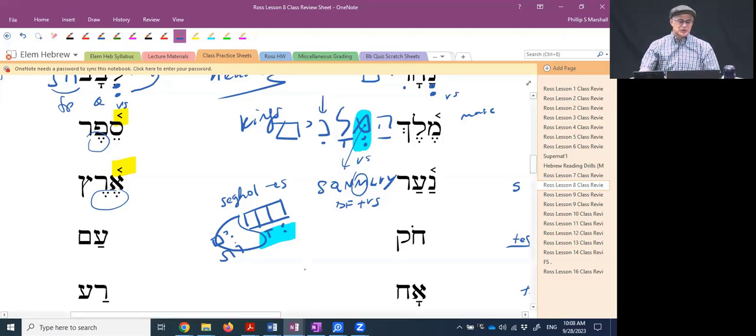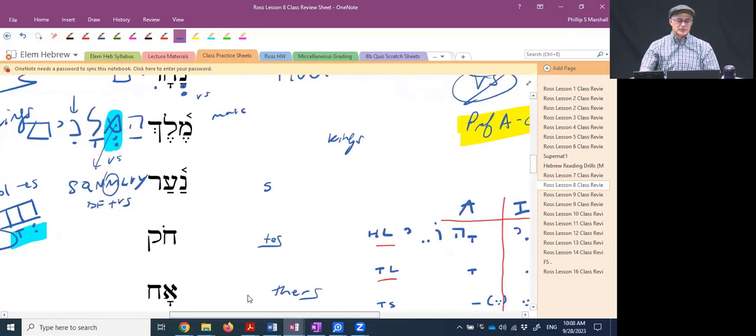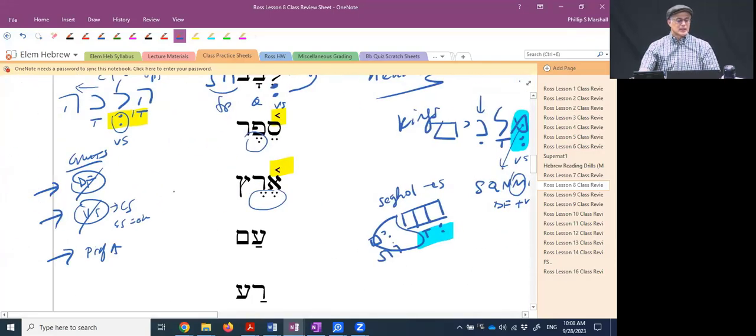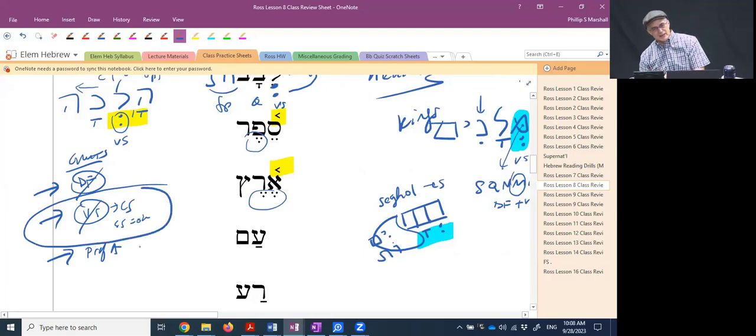But when we told you things like gutturals, where was that guttural list? Gutturals, they don't take vocal Shavahs. So when they need a vocal Shavah, they get a compound Shavah instead. Now you have a sense for when a guttural might need a vocal Shavah. When might a guttural need a vocal Shavah?